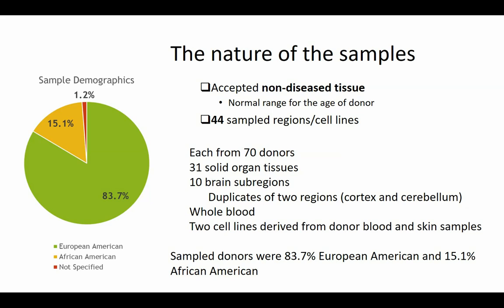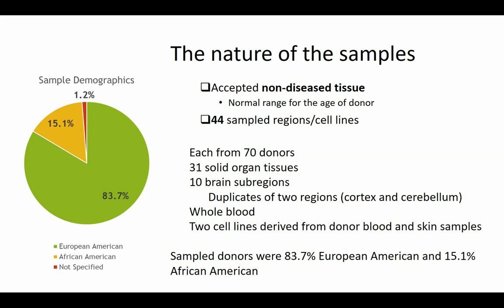So 31 solid organs, 10 brain sub-regions. Actually, it's 8. 2 they took and did duplication just to check themselves internally how well it works. So this is part of their quality control, but that's fine. Actually, I like the fact that they represent it as part of the data and not hiding that somehow.